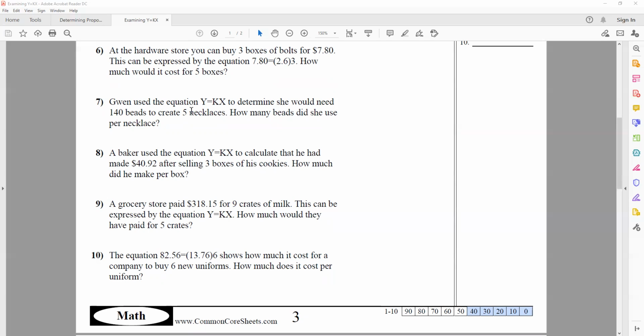So this one, I got 13. So 13 equals 2.6 times 5. Wait, where did you get the 13? That's the answer for me.